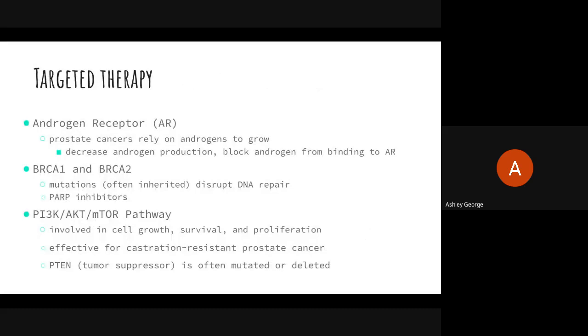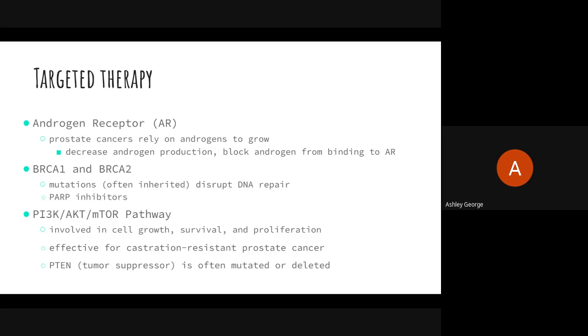These are some of the genes that I've found, or pathways that are important with regards to prostate cancer. There's some other targets that are being studied, but the main one that I'd like to talk about is the androgen receptor. As I mentioned, prostate cancers rely on androgens to grow. And so some prostate cancers can develop resistance to the androgen receptor targeted therapies by altering the activity.